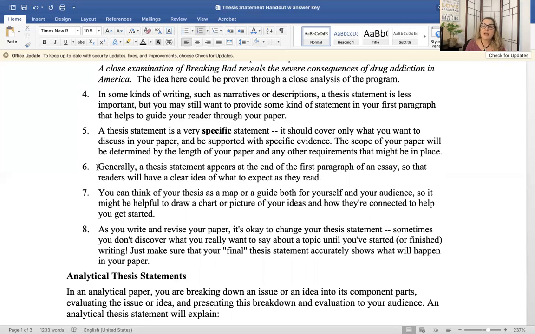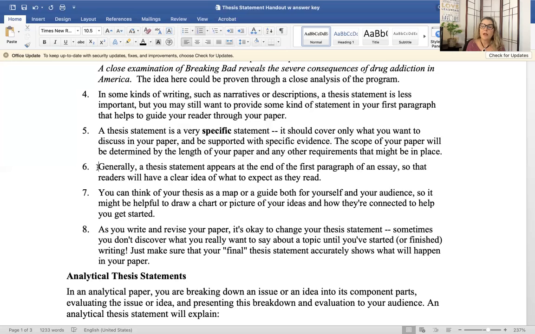Now, it depends on the length of the assignment. So for example, if you have a really long paper, let's say an 8 to 10 page research paper or a 10 to 15 page research paper, you might have 2 or more paragraphs for your introduction. In that case, your thesis would come at the end of the last paragraph in that series.